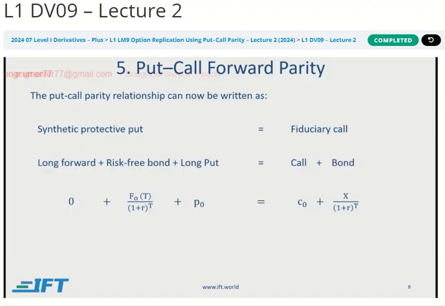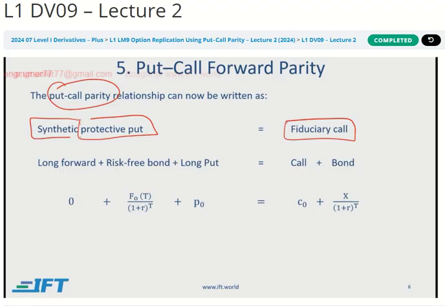And therefore, we can say that within the put call parity relationship, where we have a fiduciary call on one side and a protective put on the other side, if we make it a synthetic protective put, then the relationship should still hold. On the fiduciary call side, we have our call option and the zero coupon bond. On the protective put side, instead of having the asset, we have a long forward and a risk-free bond. Long forward value is 0.